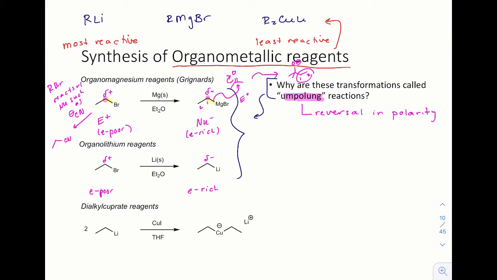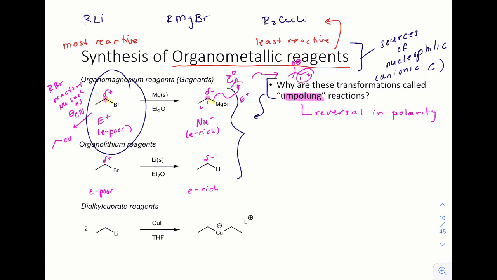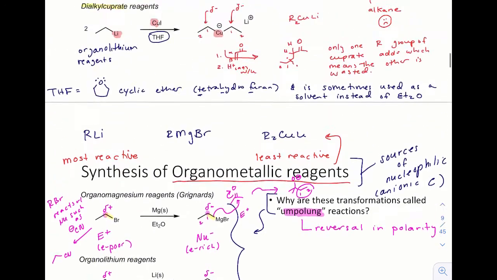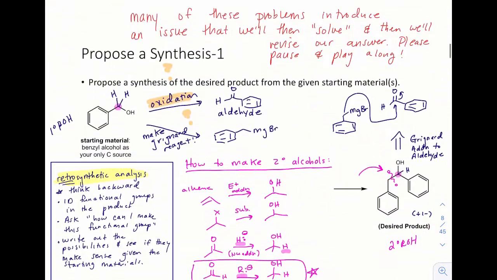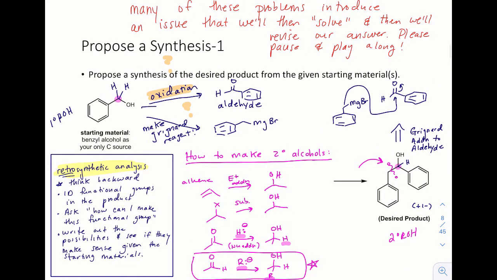I think we've quite thoroughly discussed now how to make organometallic reagents, which, one more time, serve as sources of nucleophilic carbon, ironically made from sources of electrophilic carbon. I bet that we are 100% able now to provide the reagents necessary to convert this alcohol into the Grignard reagent.